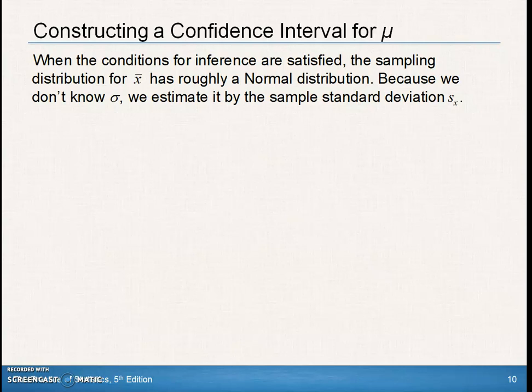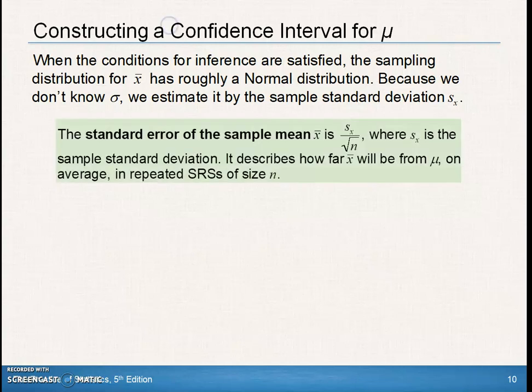So when conditions for inference are satisfied, the sampling distribution for x bar is a roughly normal distribution. We don't know sigma. If we knew that, we'd probably be able to figure out what mu is. We estimate it by using the sample standard deviation s sub x.